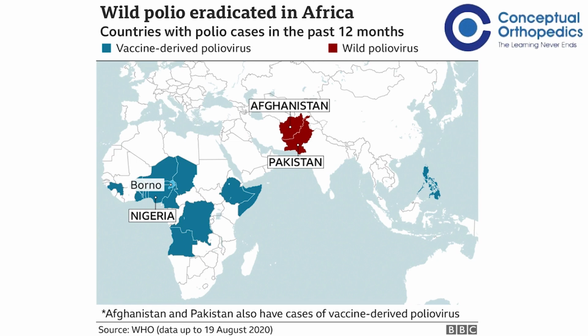At present, this vaccine-derived poliovirus is present in a lot of small countries like Nigeria, the Democratic Republic of Congo, Central African Republic, and Angola, as well as Djibouti and Ethiopia. But that aside, wild poliovirus is only seen in two countries, Pakistan and Afghanistan.